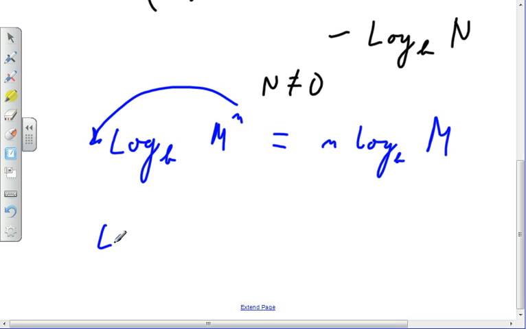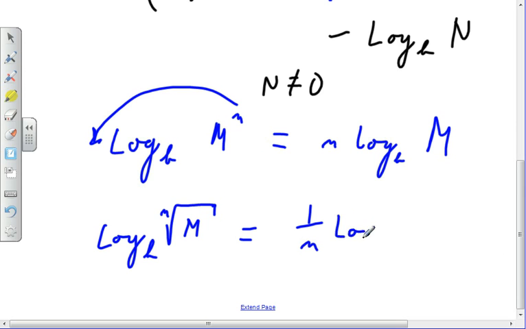And as a corollary, the log some base of m to the 1 over n, the nth root, could be written as a fractional root: 1 over n log some base m.